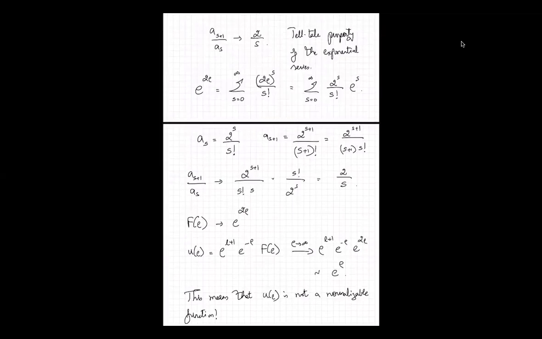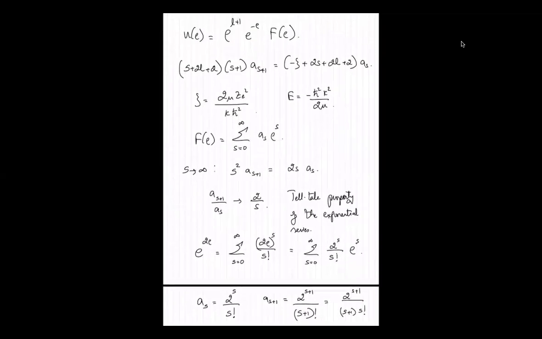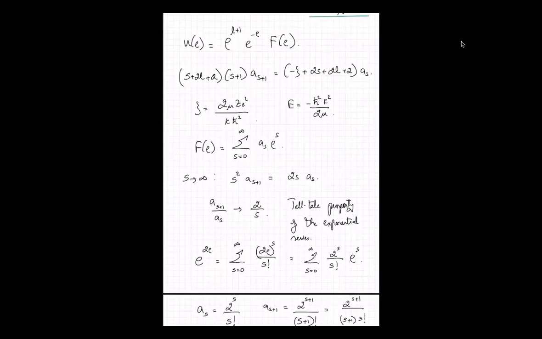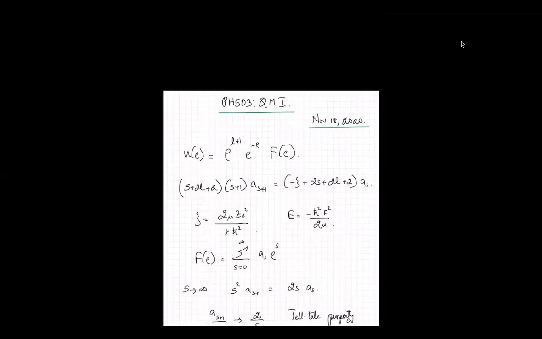The contradiction is that we are looking for bound states, but the differential equation that we set up for f of rho, when we wrote it down as a general power series with s going from 0 to infinity, admits an exponential solution for very large distances.